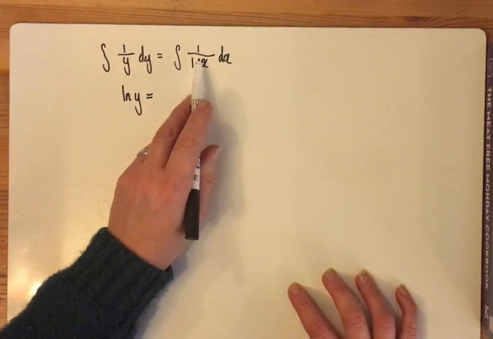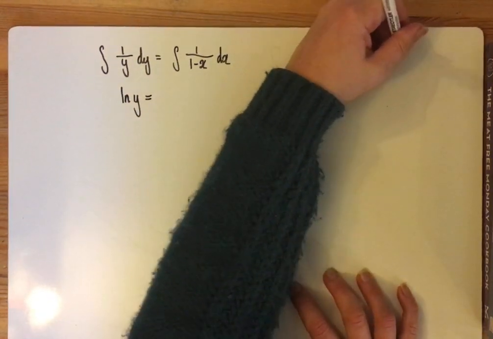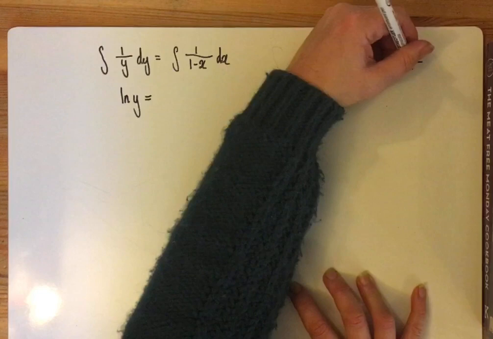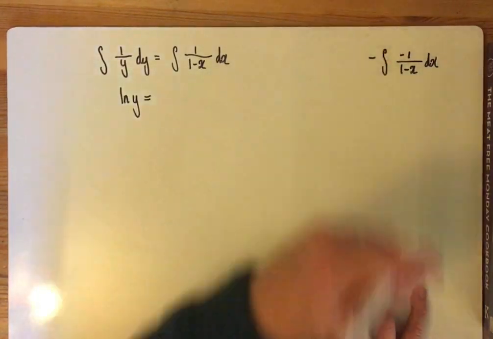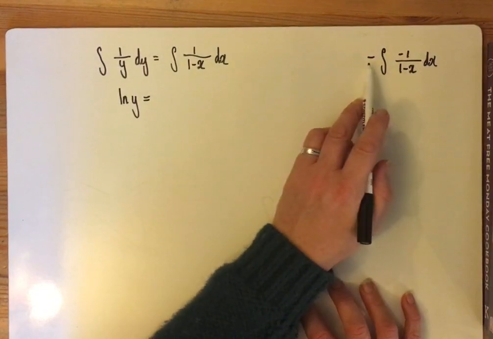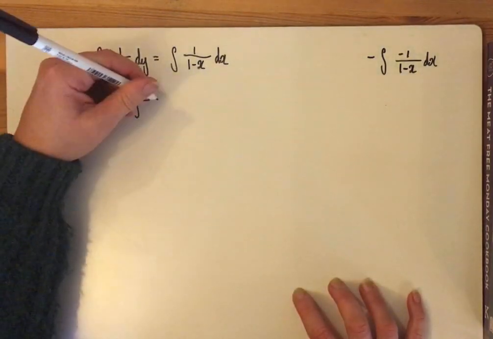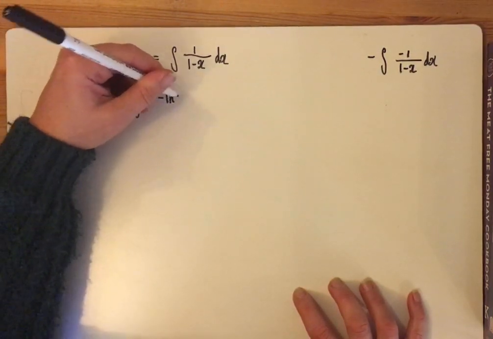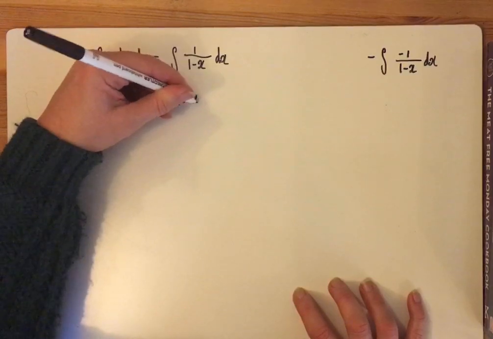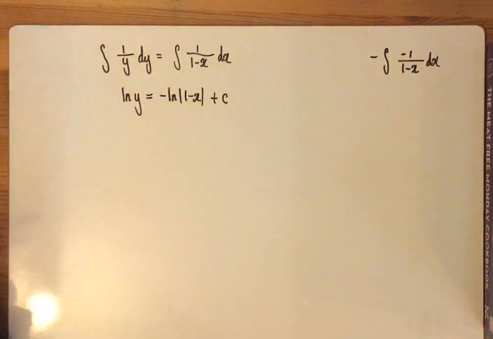This differentiates to minus 1. So ideally you would have this, but I need that to equal that, and so I need that negative in front, because minus 1 times minus 1 gives you plus 1. So you end up with minus ln modulus of 1 minus x, plus c. So generic plus c from both those integrations.